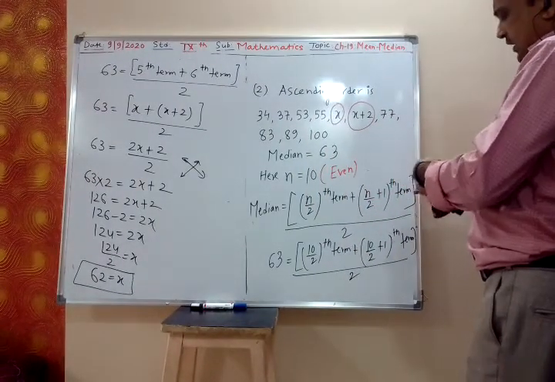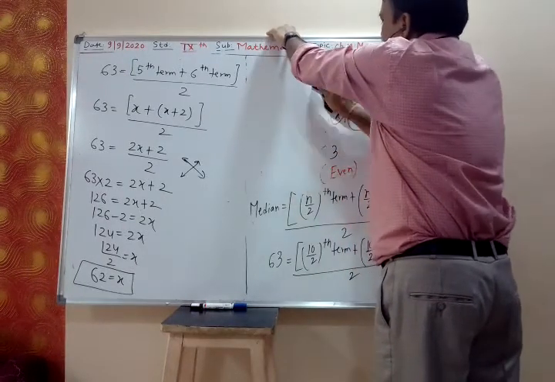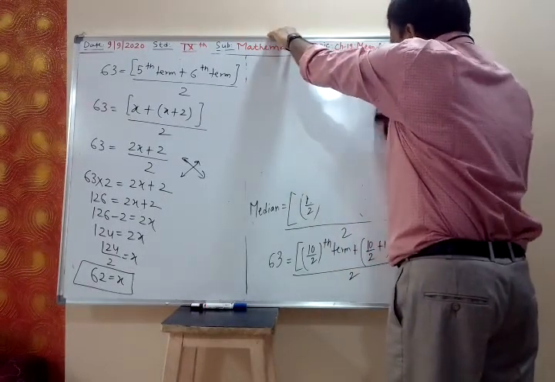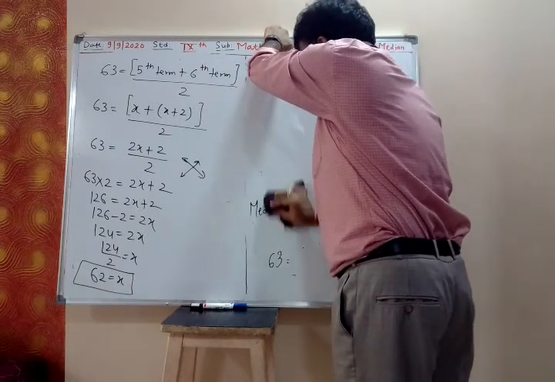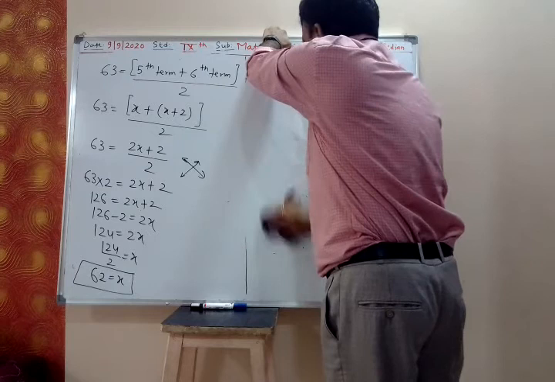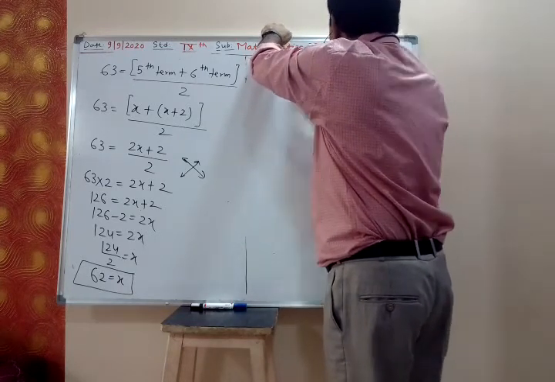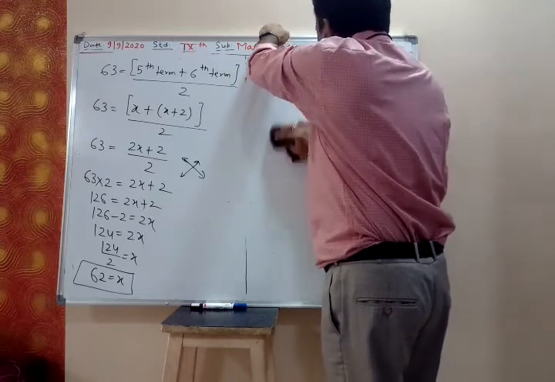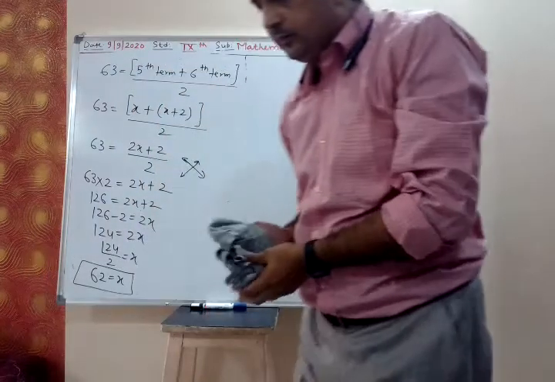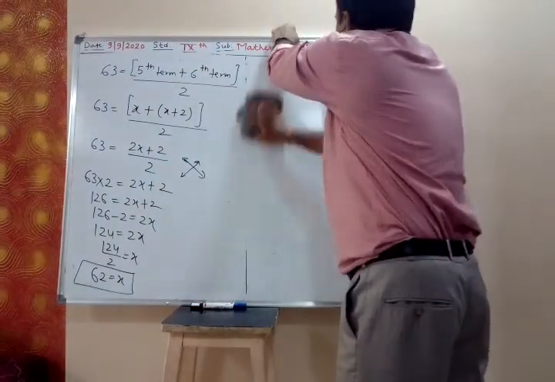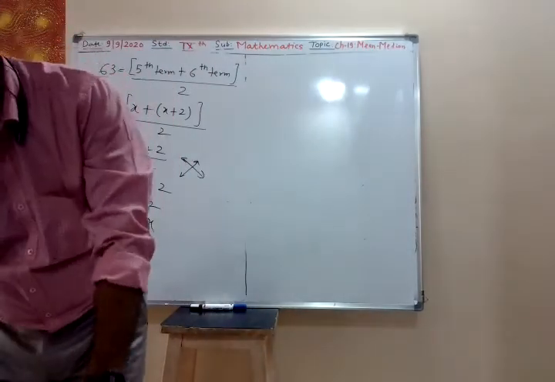See, what you are studying right now in 9th standard, mean median, the same problem you will find in 10th. So this you remember. Now do the fifth one. Get the answer, get the confidence. Do it, we have time.